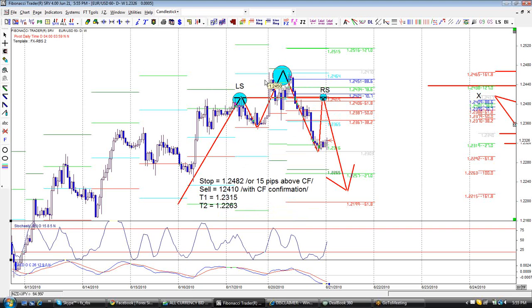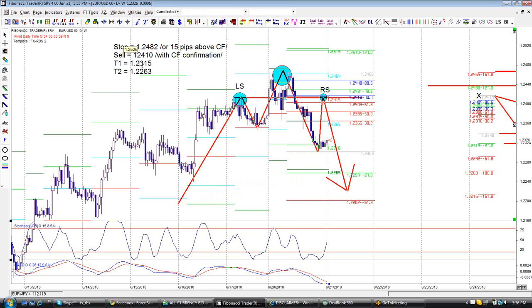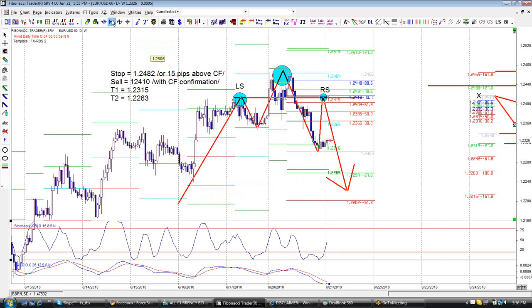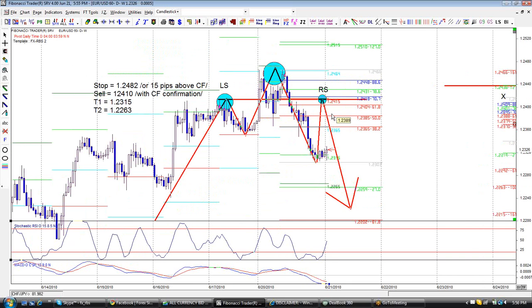I would place the stop either above the head, or if you guys can find a bearish candlestick formation like an engulfing bearish candlestick or any other like evening star, tweezer tops at the level of the right shoulder, you can place your stop just above the candle and enter short. Have two targets. First 123.15, second 122.63.